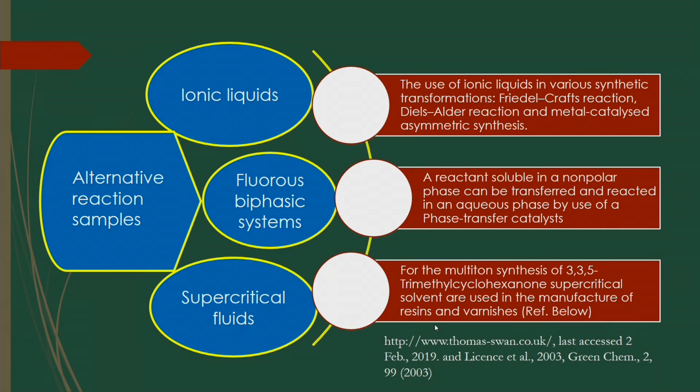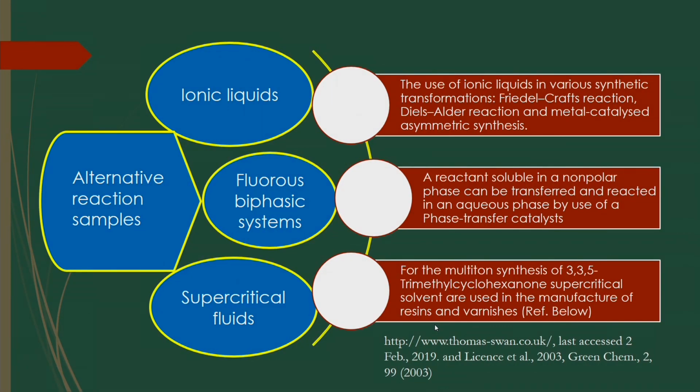Even nowadays the intensification of processes is being done based on the development of the fluid medium or other reacting substances, or the development of materials, like ionic liquids, one of the important solvents by which you can intensify the process.